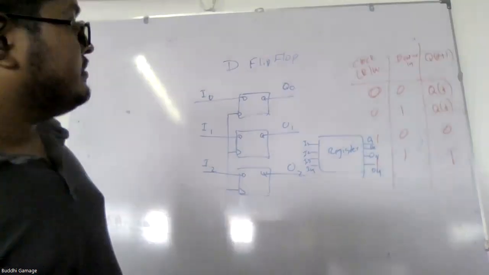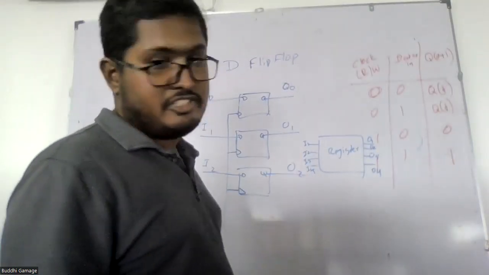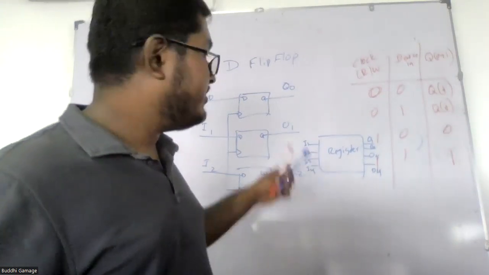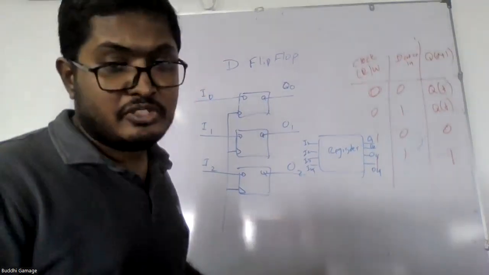So how do we do that? We can give a unique address to each bit to identify whether it is in a reading state or a writing state.